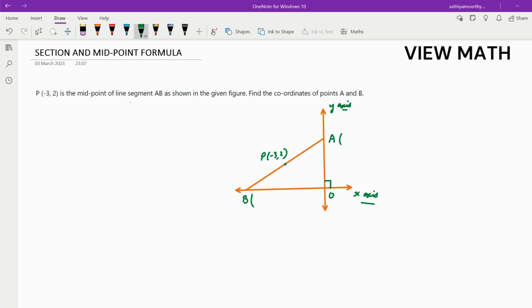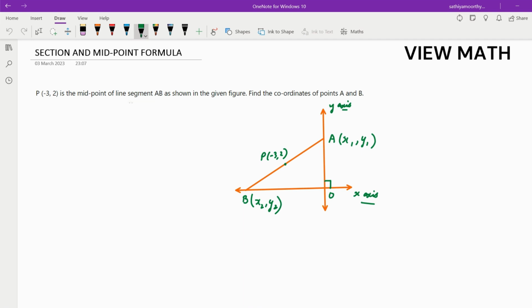Now here P is the midpoint of the line joining A and B. A is (x1, y1) and B is (x2, y2). Now we know that the point A lies on the y-axis.